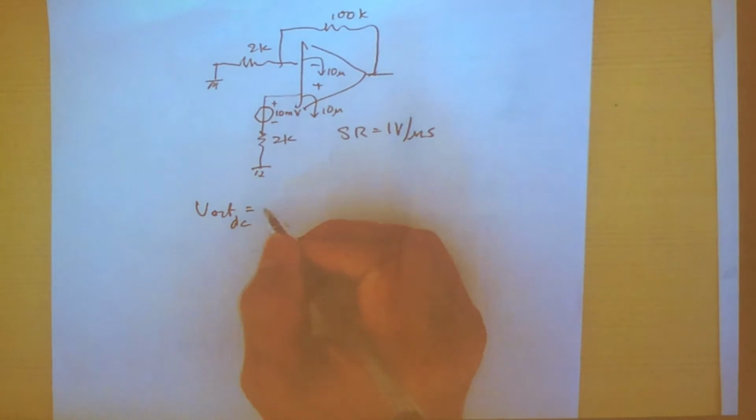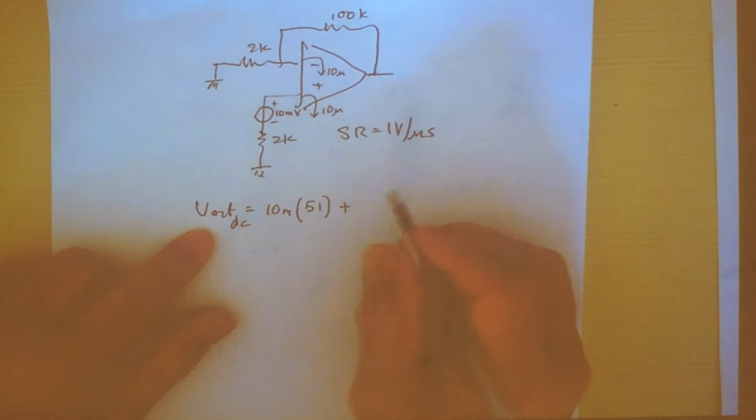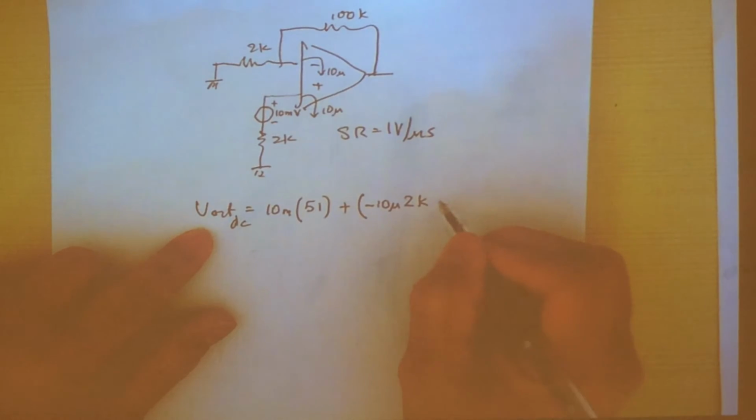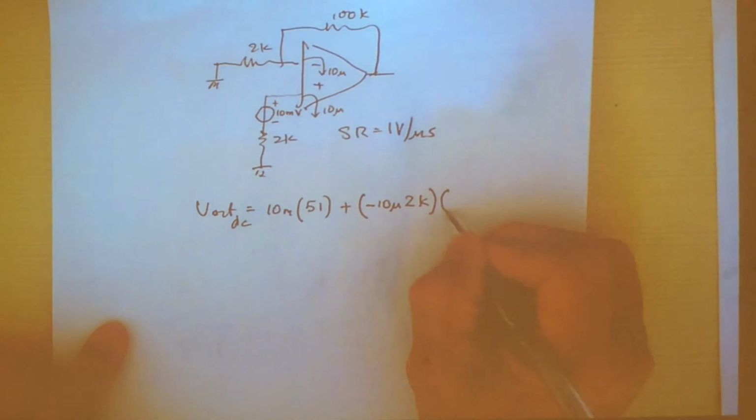So to find out V out DC, we just simply take the offset voltage, multiply by the non-inverting gain, plus the I plus, which is 10 micro, flowing out from ground, across the resistor, appearing at the non-inverting input with a negative sign because it's flowing out from ground, and then it goes through the non-inverting gain.